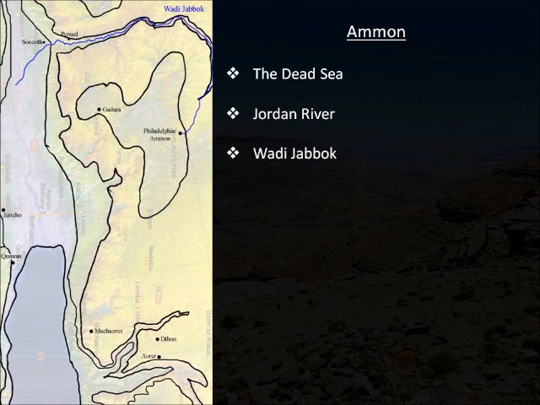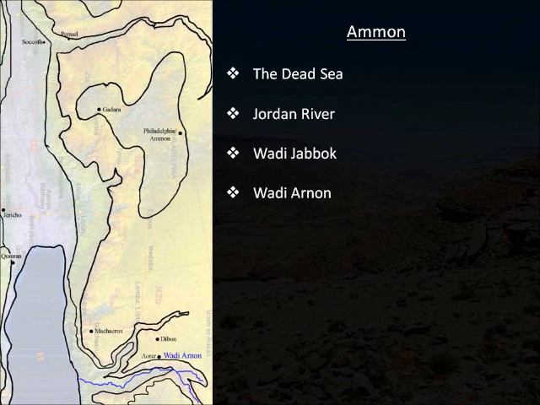And this, as many commentators have noted, basically makes the land of Ammon almost totally encircled by the Wadi Yavok. And most of the major cities in Ammon, like places like Gadara or Philadelphia, are going to be highly dependent on water from the Wadi Yavok.